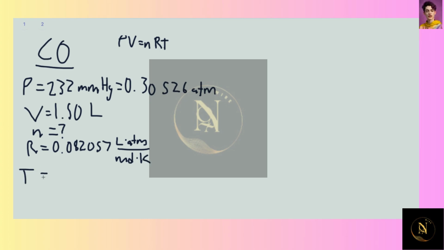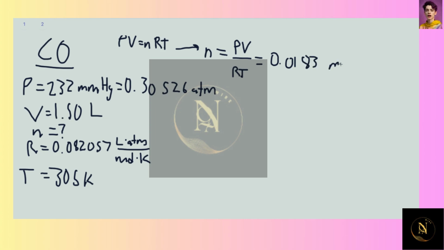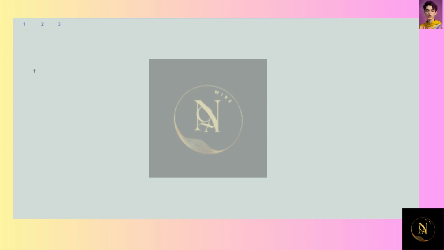And our temperature is 305 Kelvin. We can rearrange this equation to solve for n: n equals PV over RT. When we plug in these numbers, we get our number of moles to be 0.0183 moles of CO.